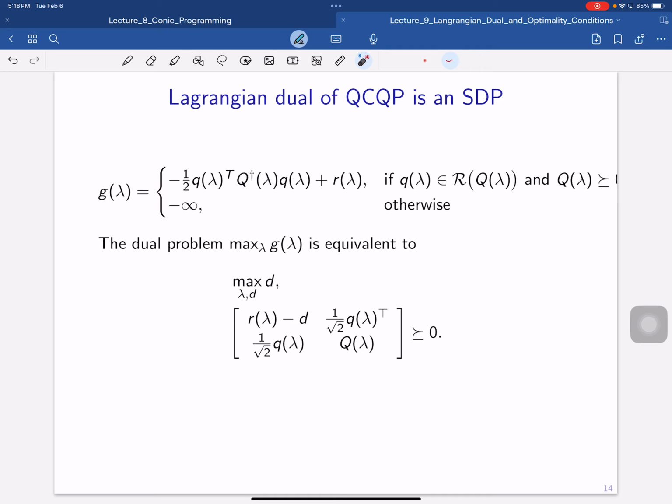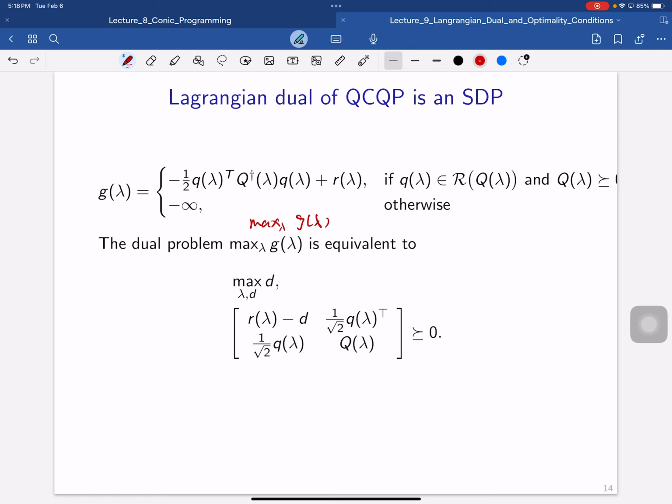Essentially, you can show that this Lagrangian function G lambda is nothing but this semi-definite programming problem. Remember, when we are solving the dual problem, we are maximizing over G lambda, because the dual gives you a lower bound, and you want to provide the tightest lower bound.